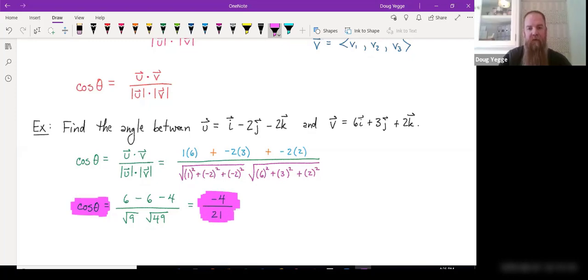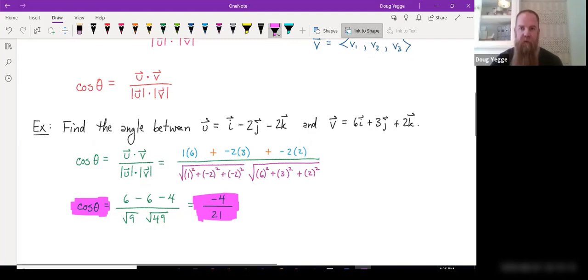So now we're thinking back to trigonometry and recognizing, when is cosine a negative number? Let's just think about that for a second. Remember that cosine is only negative in the second and third quadrants.